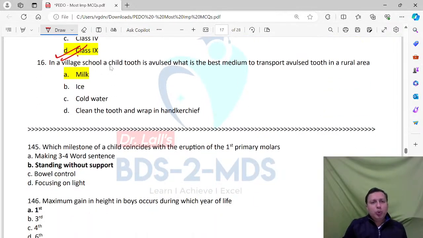Now, in a village school of a child, a tooth is avulsed. What is the best medium to transport the avulsed tooth in a rural area? Now, if you're living in a rural area, you don't have physiological solutions like Hank's balanced salt solution.